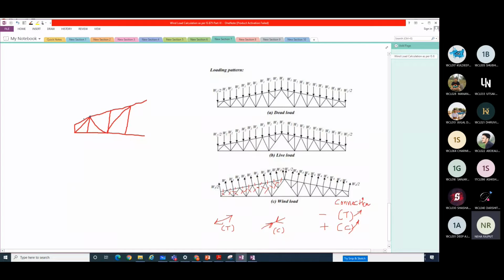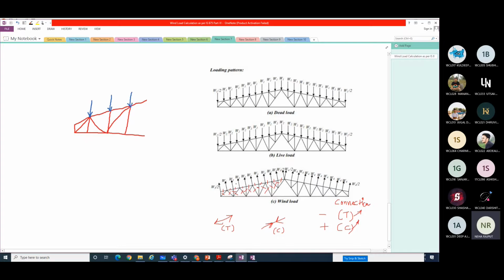At this intermediate node, wind load is also acting, live load is also acting, and dead load is also acting. Now this dead load and live load are vertically downward loads, right? So that will act vertically downward like this, vertically downward like this, right?